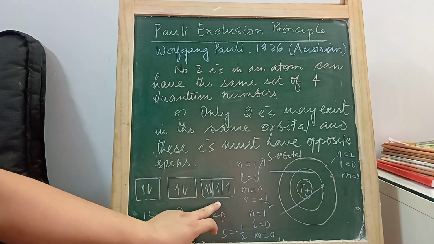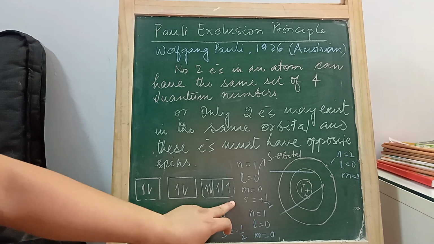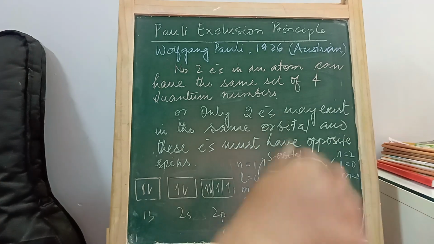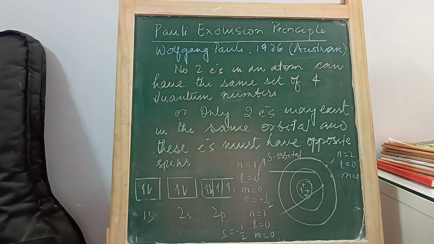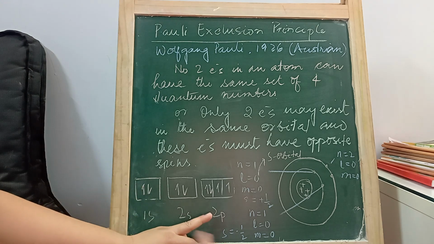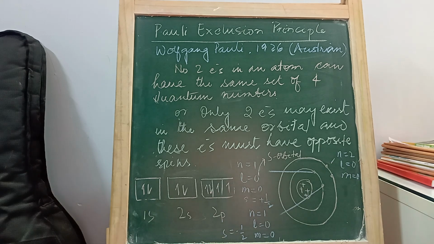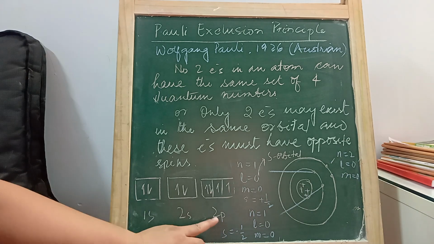What about this one? In p, there are three orbitals: 2px, 2py, and 2pz, depending upon the value of m. Because the value of l equal to 1, the possible values of m are -1, 0, and +1 in the 2p orbital.